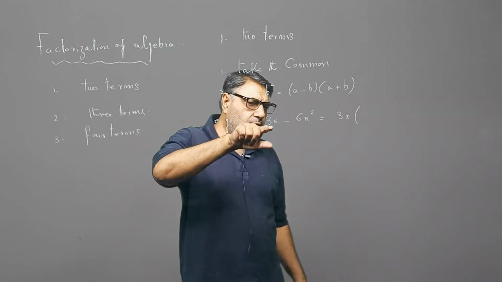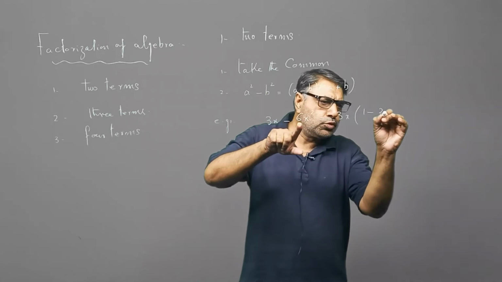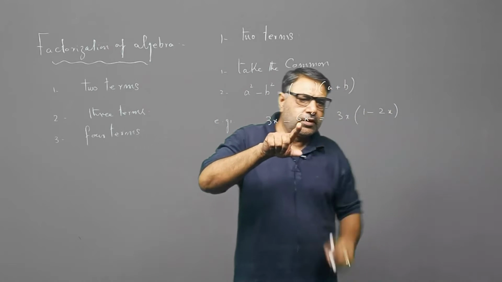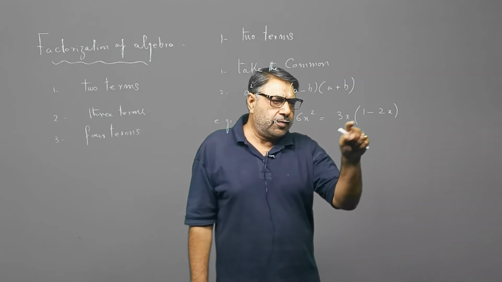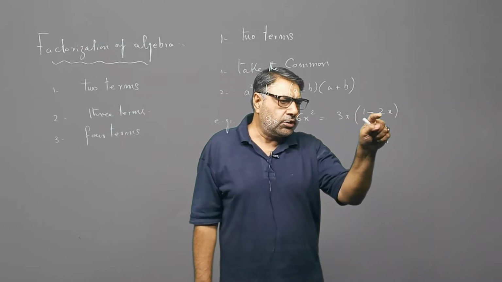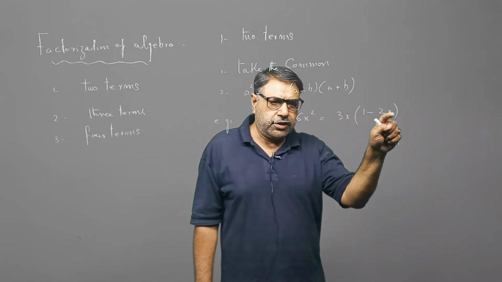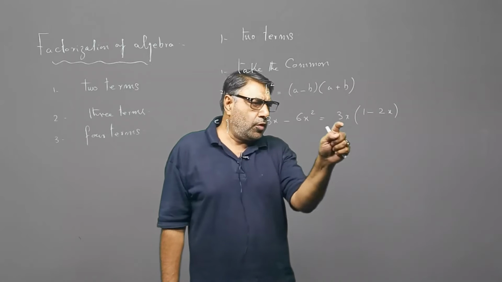We are left with 1 minus 2x. Open the bracket and multiply it: 3x minus 3 twos are 6, x multiplied by x squared. So common is okay.